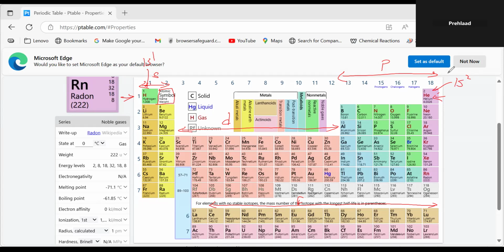The numbers represent the actual order of the element in the periodic table. So if I have four electrons, the filling would be 1, 2, 3, 4, and the electronic configuration will be 1s2 and 2s2.